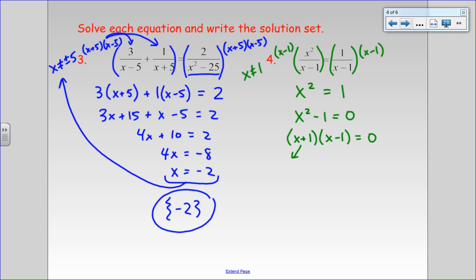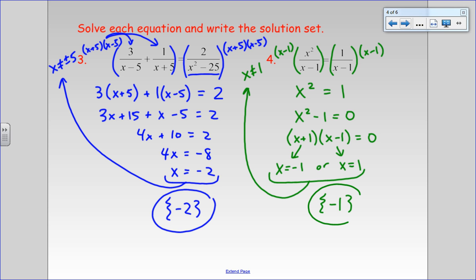Either x plus 1 equals 0, which means x equals negative 1, or x minus 1 equals 0, which would mean that x equals 1. As we look back at our restrictions, we see that even though there are two solutions for this quadratic equation, one of them is a restriction from the original rational equation. So when we write our solution set for the rational equation, we can only include the solution of negative 1.